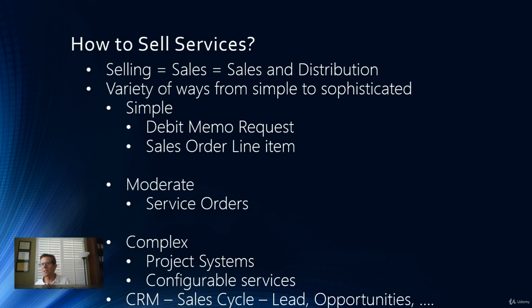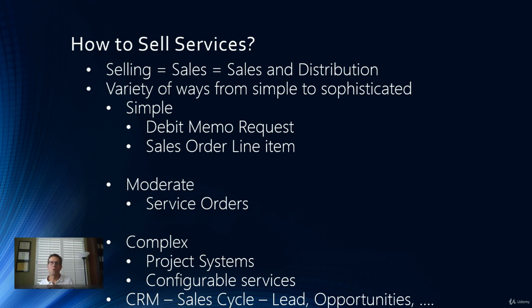Moving to the next level of complexity, moderate complexity, we've got service orders, which are a key part of the customer service module, which we will be going through in depth in this course, which allow you to collect the costs and execute the services and be your foundation for billing. And then you can get into really complex services where you set up a whole project and networks and use the project systems module of SAP.